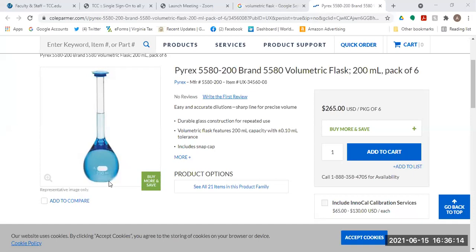So volumetrics are marked only in one spot because each volumetric is designed for a particular size volume. And they only tend to come in certain sizes. They do go all the way down to Barbie size. You can get 5 and 10 milliliter volumetric flasks, but the traditional ones, the ones that you might see sitting around lab, tend to be more likely things like 100, 200, 250, half a liter, 1 liter.